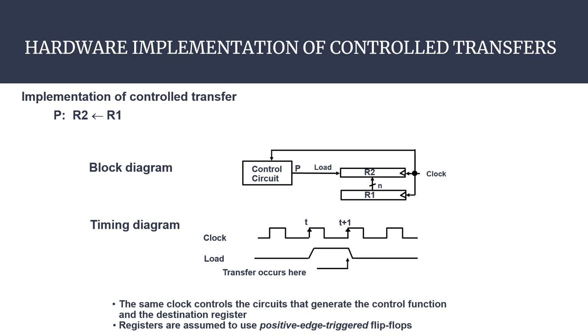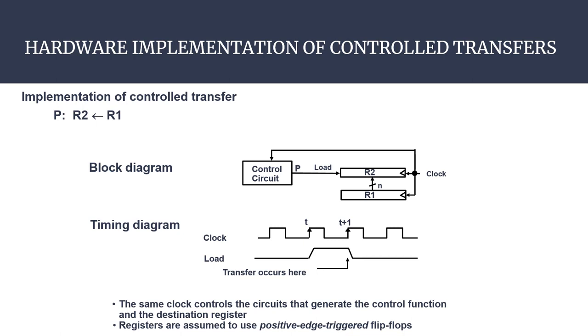Now for load signal, when load signal is turned on, is made from 0 to 1 during the rising edge of this clock pulse. So at time t, if we make the load signal high, then the load signal will remain high for a whole clock pulse, single one clock cycle, and then when again it will go from low to high, then the data transfer occurs.